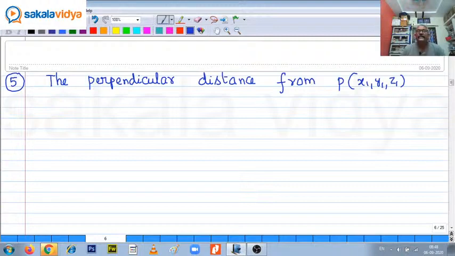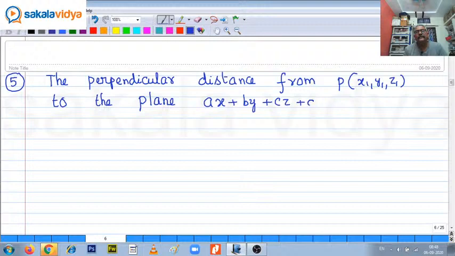The perpendicular distance from P(x1, y1, z1) to the plane ax + by + cz + d = 0 is given by modulus of, in the place of the left hand side, put x1 for x, y1 for y, z1 for z.